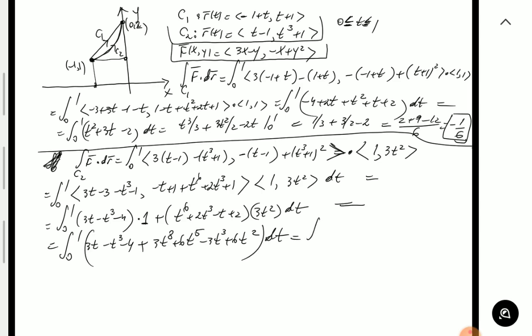And one more simplification, and then we're going to integrate. Let's write them in decreasing order of the powers. We have minus 4t third, followed by 6t squared, 3t minus 4.